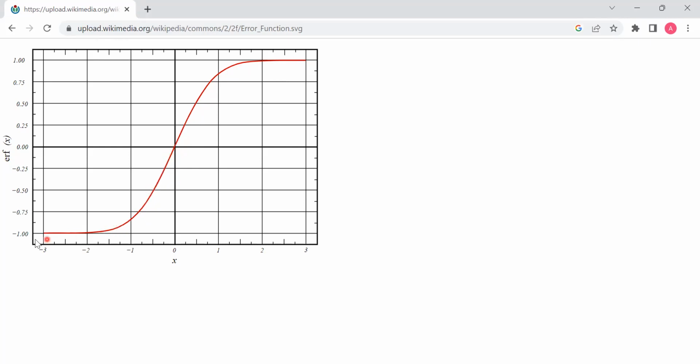For any given value of x, you can find the value of this integration. When x tends to infinity, this value tends to 1. So that is all for the error function today.